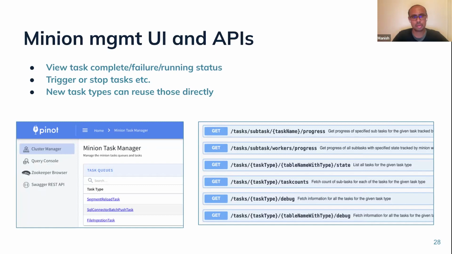So we use the same Pinot controller, the management UI, which has a bunch of APIs. From those APIs, you can figure out what the task state is, progress, and so on. There is also a way to stop tasks, delete tasks, start tasks, schedule tasks. Those are also available via the controller UI. So we have some level of observability through these APIs, although we want to improve this actually.